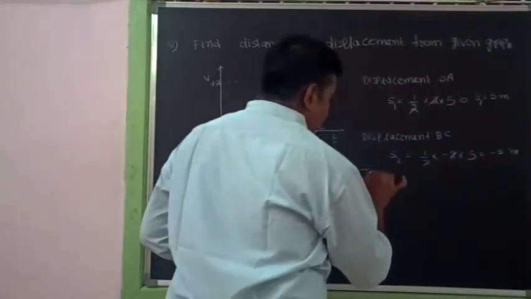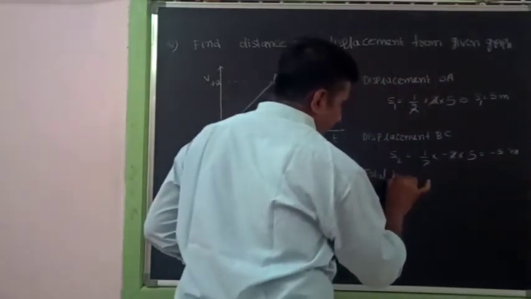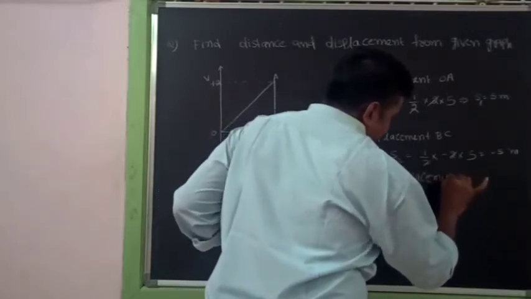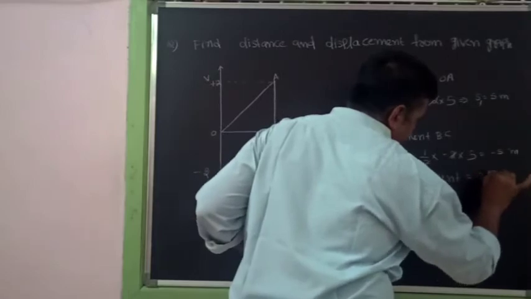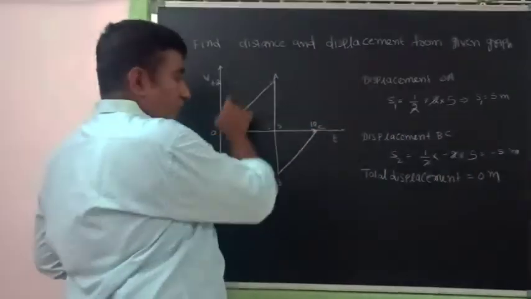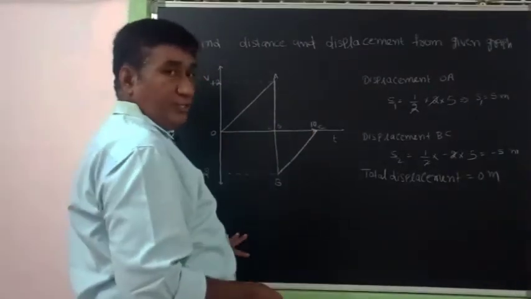So the total displacement is equal to 0 meters, because from where they started, they again reached the same point.